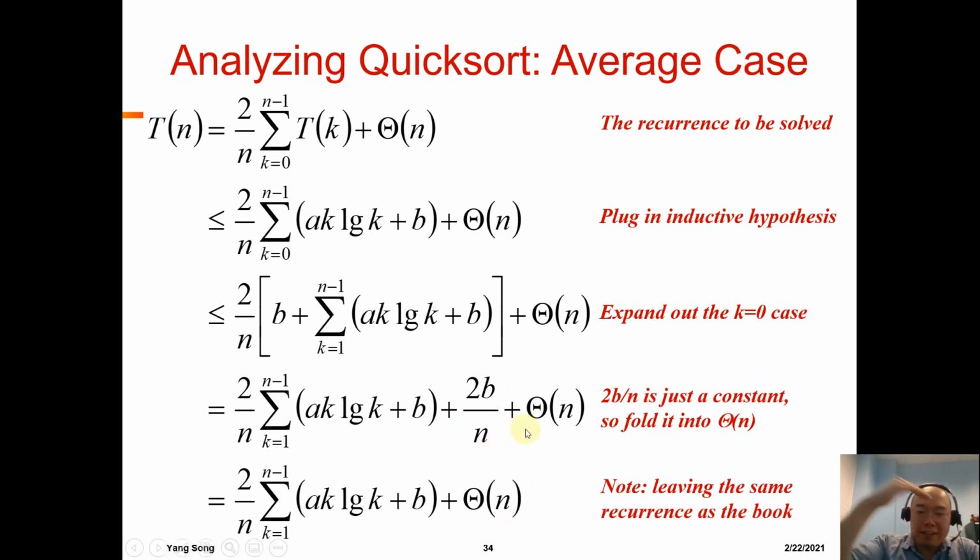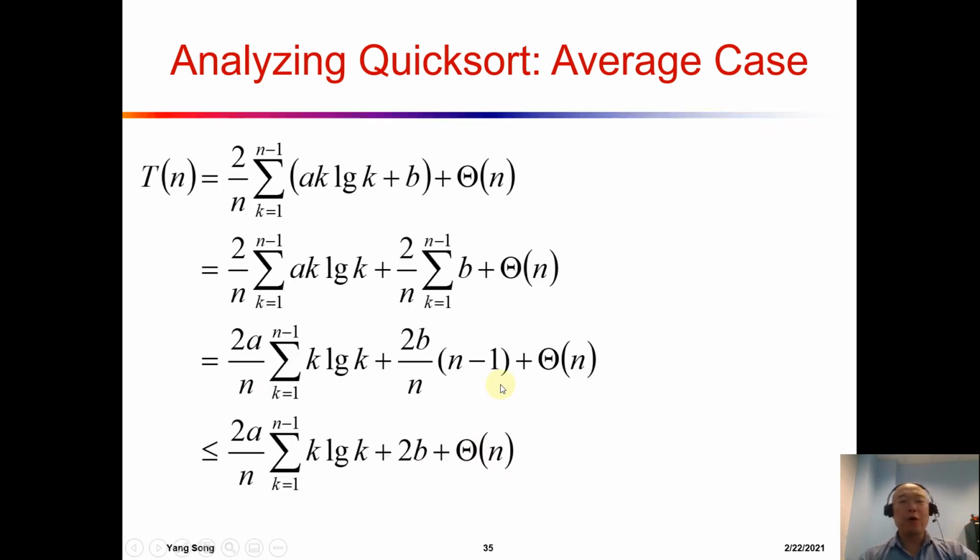Theta n is linear, and if we put 2B divided by n, this term is not as significant as the theta n, so this is not a significant part. You can say it is folded into the theta n, or you can say it is absorbed by the theta n. So we get rid of this part.